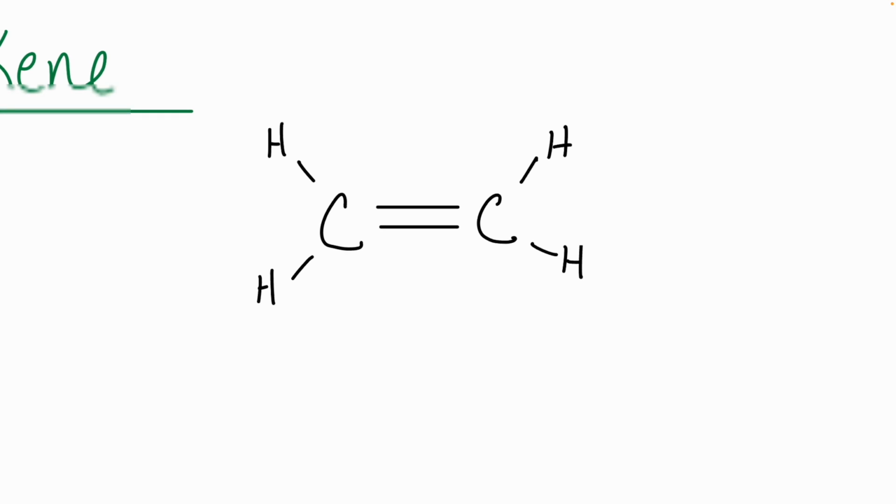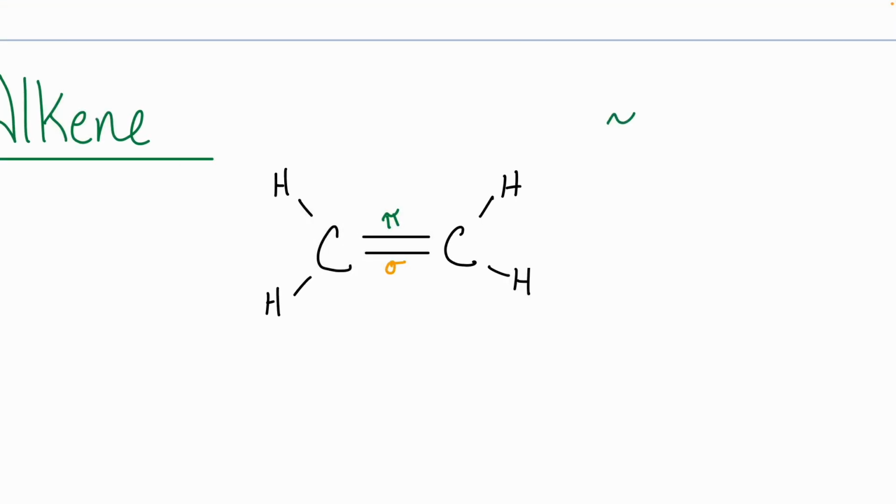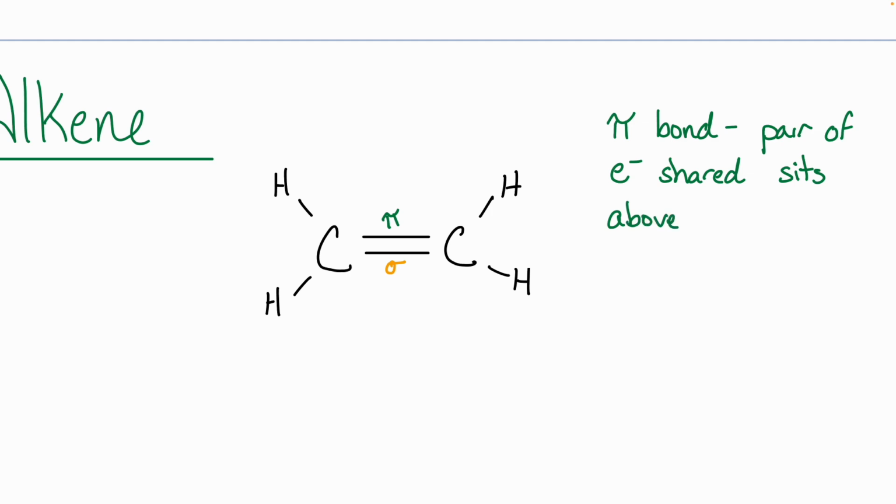We have 2 carbon-carbon bonds here. One of them is our normal old sigma bond, exactly what we saw previously, a pair of electrons being shared directly between those carbon atoms. But the second one is a very special kind of bond, what's called a pi bond. In a pi bond, the pair of electrons being shared sits above and below the carbon atoms.